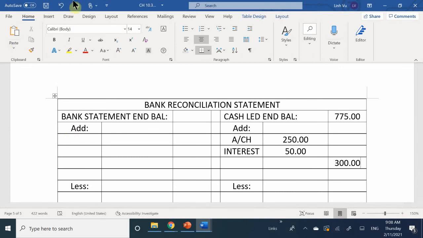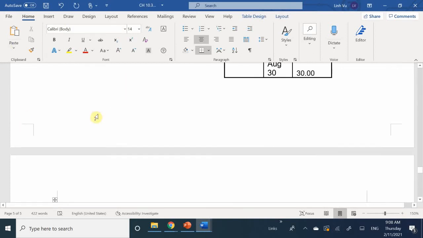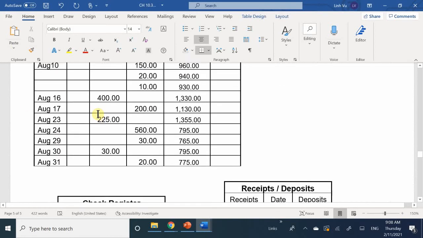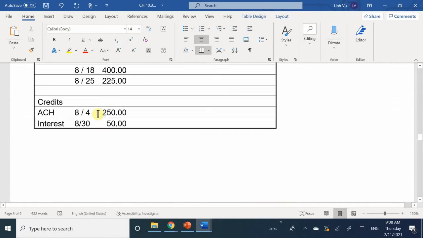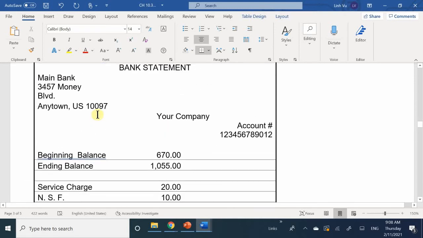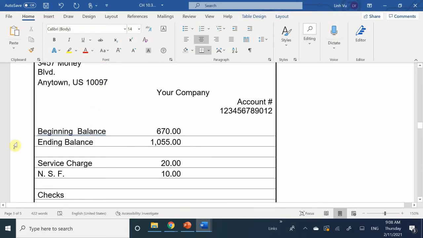All right. Now, what do we need to subtract on our cash side? Fees. Usually it's going to be at the top, like I mentioned. I got charged a service charge and I wrote an NSF. They charged me $20 for the service fees and $10 for my NSF.